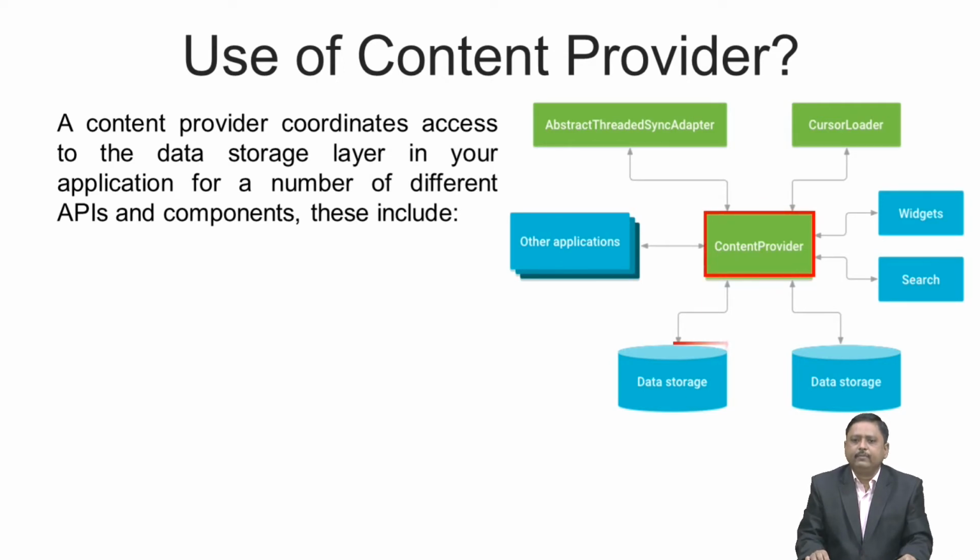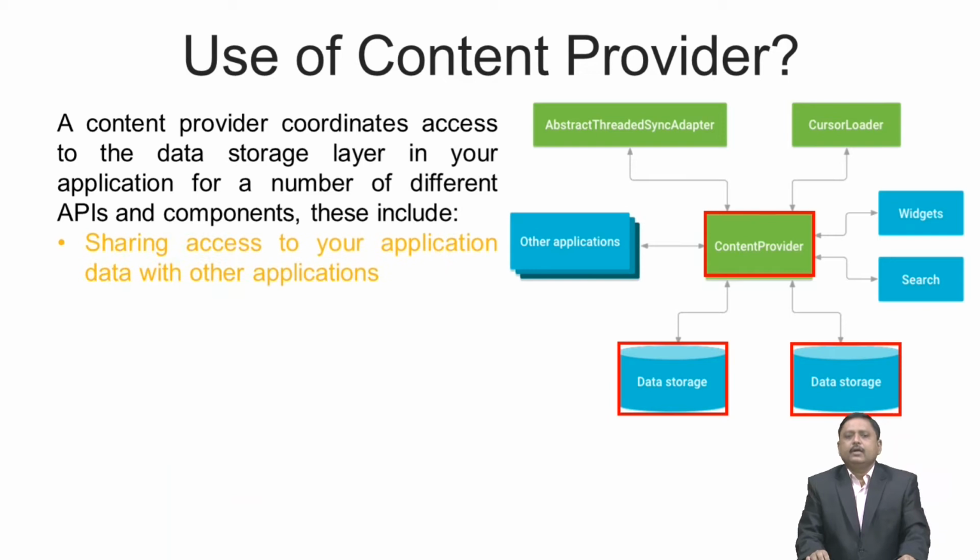So this is content provider. Content provider can store and retrieve data from data storage and share access to your application data with other applications. So you can see content provider can also interact with applications for sharing this data.